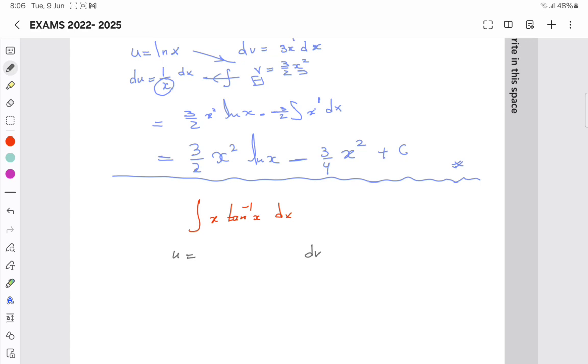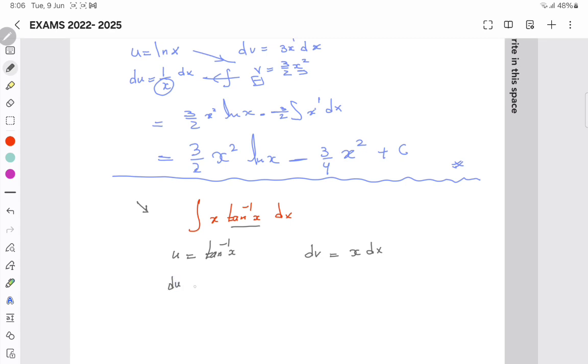But in this case, what is u? It's tan inverse. Why? Because I have a rule to differentiate it, like ln. Okay, what is dv? It will be the remaining. I choose tan inverse x as u, so dv will be x dx.